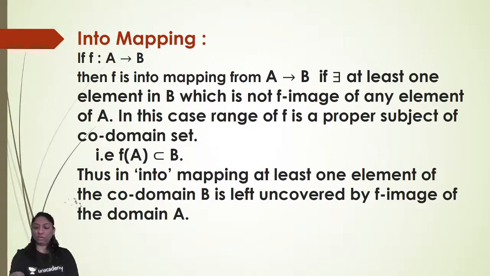That is, F of A is a subset of B. Thus, in into mapping, at least one element of the codomain B is left uncovered by the F image of the domain A.